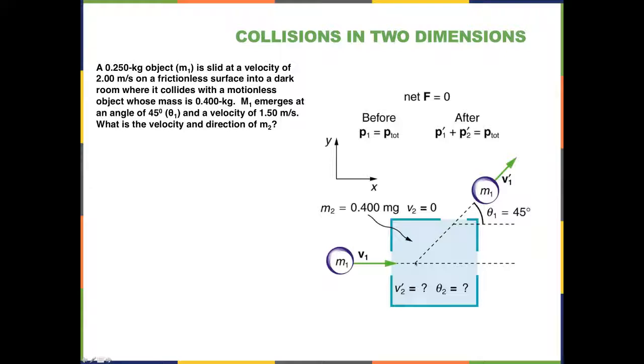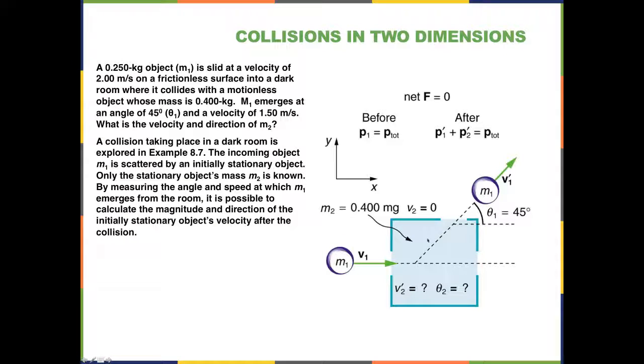And what you have here is the y component of M2 has to equal the y component of M1. Okay, the y component of this velocity and the y component of this velocity have to balance. And the sum of the two x components has to equal the x component delivered here, which will be 0.25 times 2.